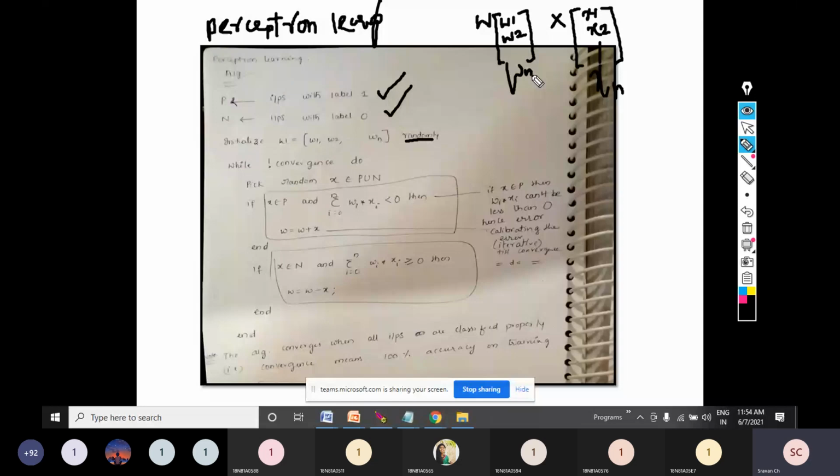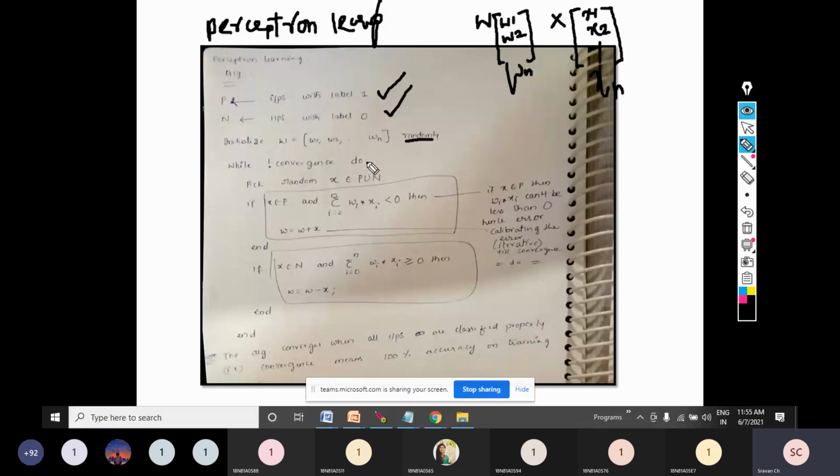Now, while not convergence, means as long as the error is not totally eliminated, you have to repeat the loop. What is convergence? Until then, there is a difference between our expected value and generated value, a gap, an error.